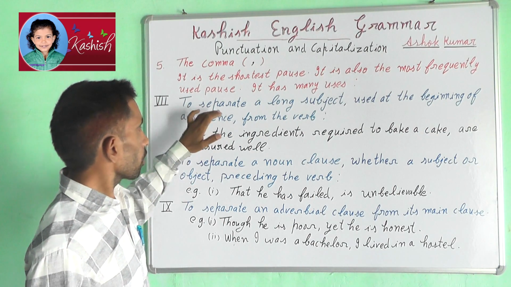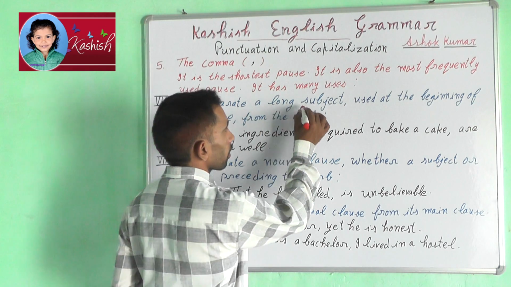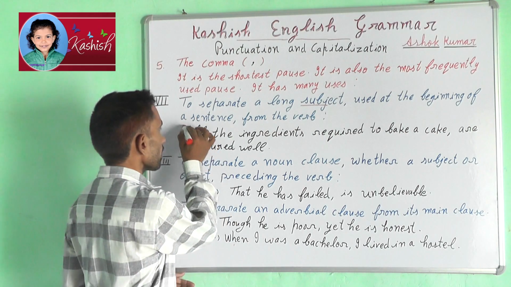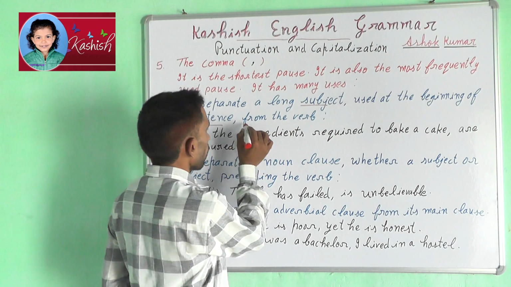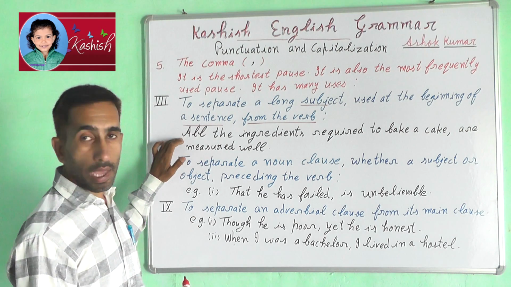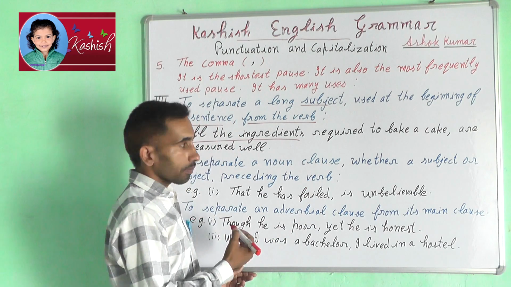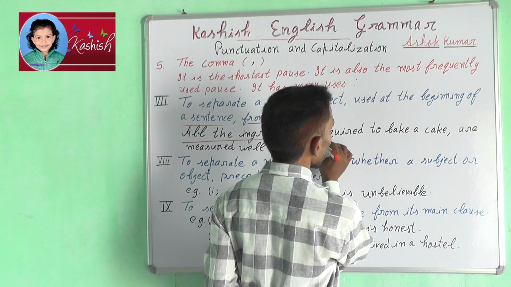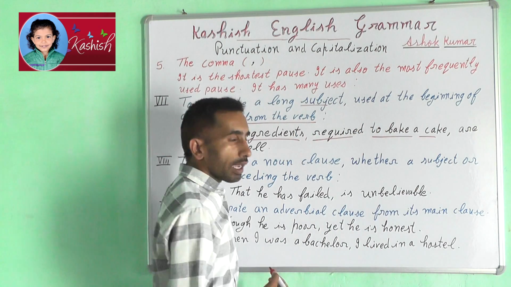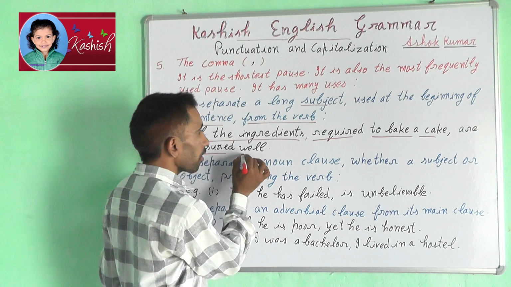Seventh, to separate a long subject used at the beginning of a sentence from the verb. For example, all the ingredients required to bake a cake, are measured well.